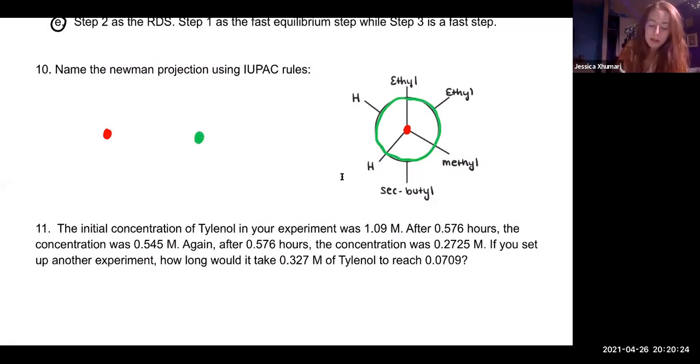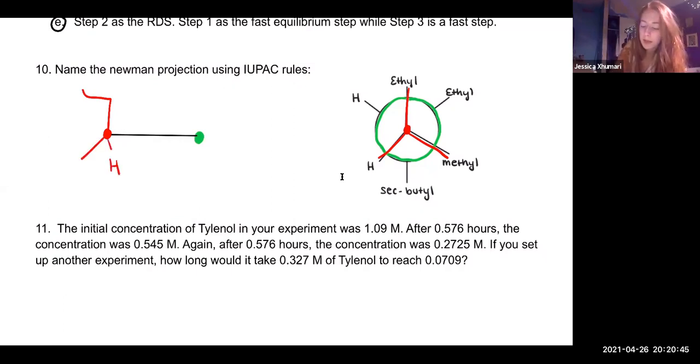There are some bonds that we can't see between these. Let's just label what's coming off of each of these. Off of the red carbon, we see an ethyl, hydrogen, and methyl. Off of the green carbon, we have a hydrogen, an ethyl, and a sec-butyl.